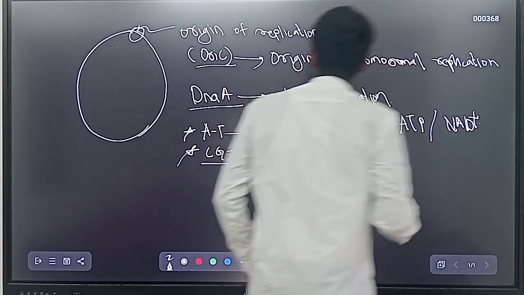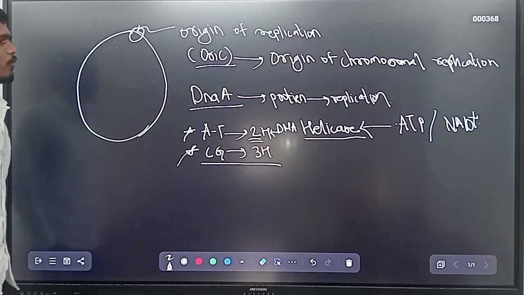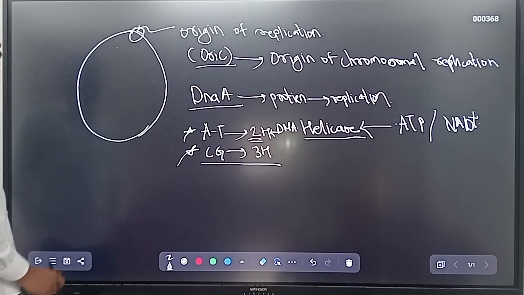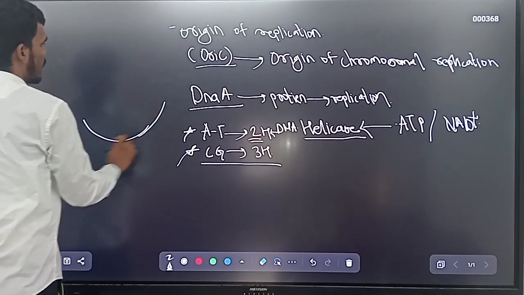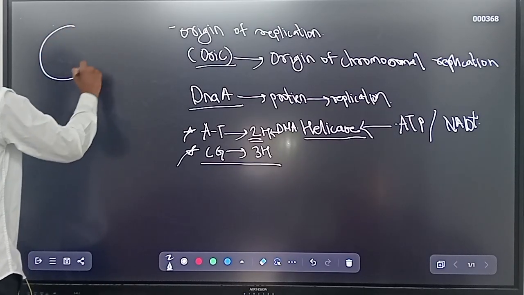And the breaking of these hydrogen bonds is done by the enzyme helicase. Helicase is nothing but the enzyme which will start the replication process.